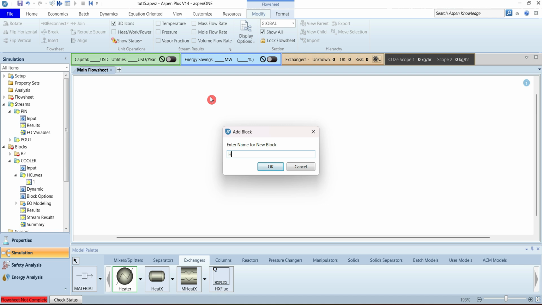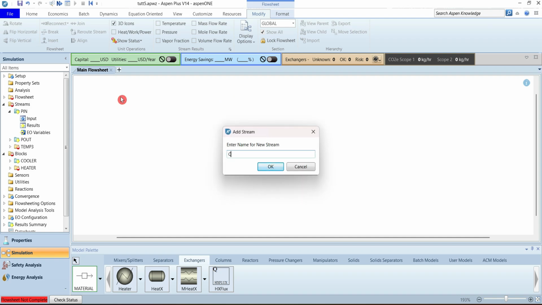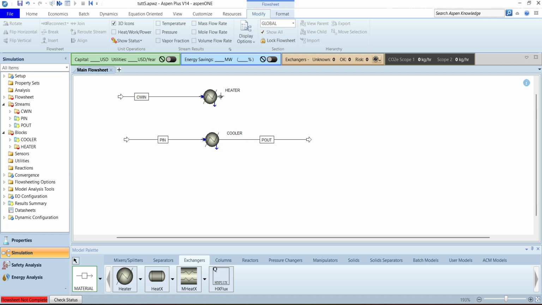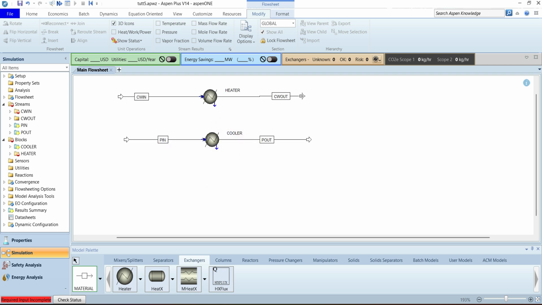Let's call it heater this time, and there should be one inlet stream as cooling water in, let's say CWN, and one leaving stream, let's call it CW out for the cooling water out.